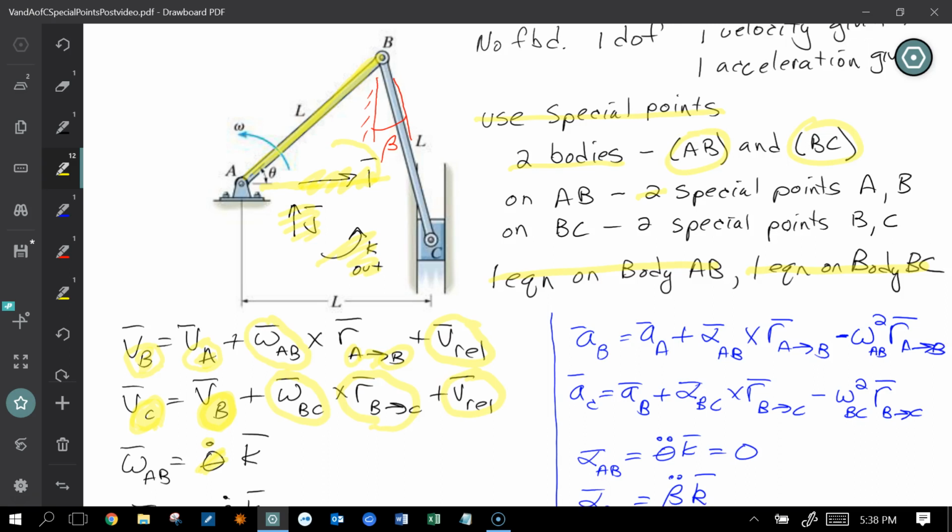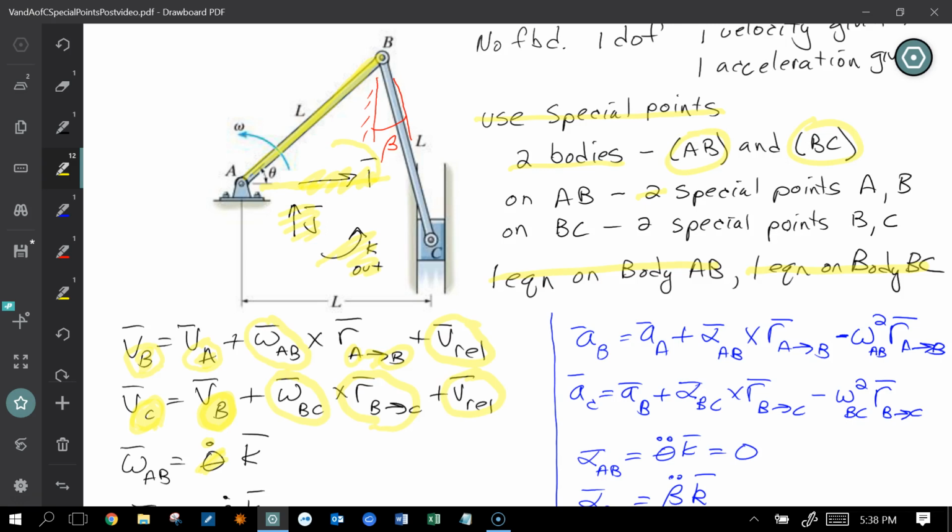In order to find out if this theta dot is in the plus K or the minus K, you pretend that the angle theta is getting bigger. So you look at the diagram. If theta is getting bigger, I'm not saying it is, but if it were getting bigger, would the link AB be going clockwise or counterclockwise?